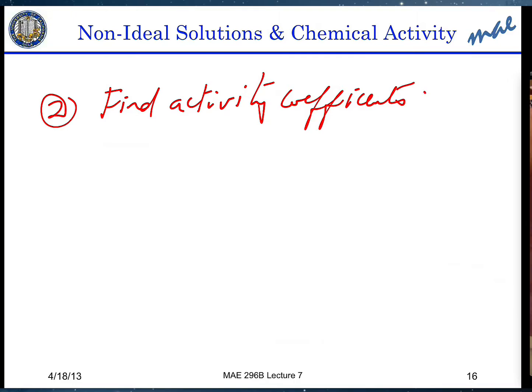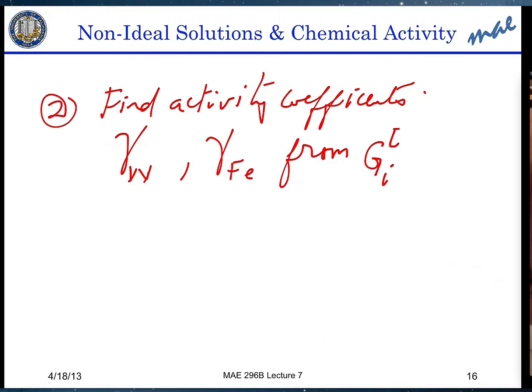Which is a difficult step usually, but we need the gamma of the tungsten and the gamma of the iron from the excess Gibbs free energy, partial molar, and i here is either iron or tungsten.